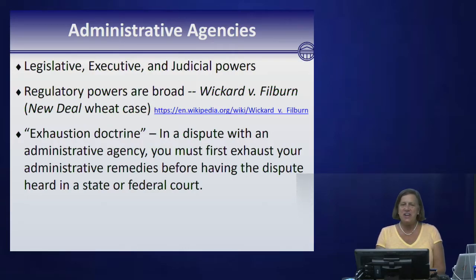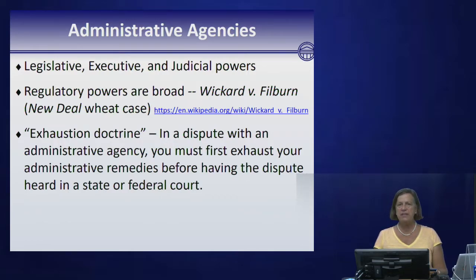And he said, "You can't fine me because I'm just growing wheat for my own consumption, for my family's consumption." And the court in this case held that interstate commerce would include Old Roscoe growing wheat for his family. So in other words, this case broadened the regulatory powers of an administrative agency. See, they're incredibly broad.